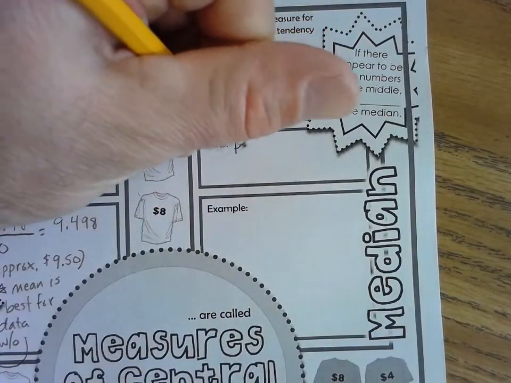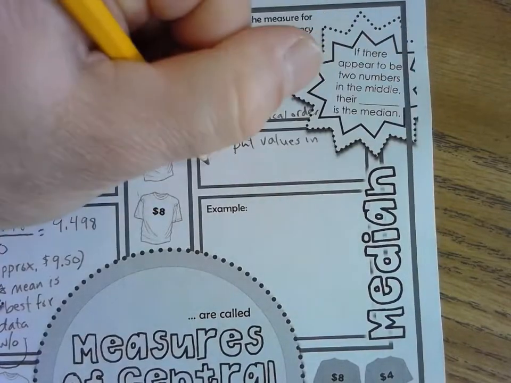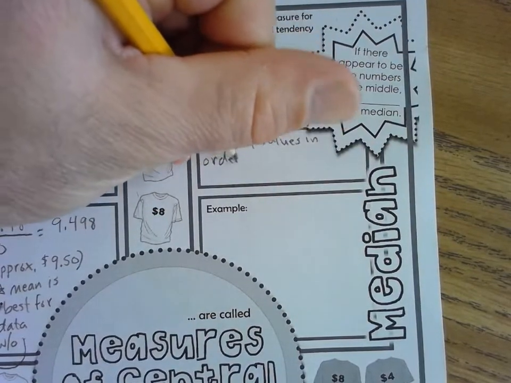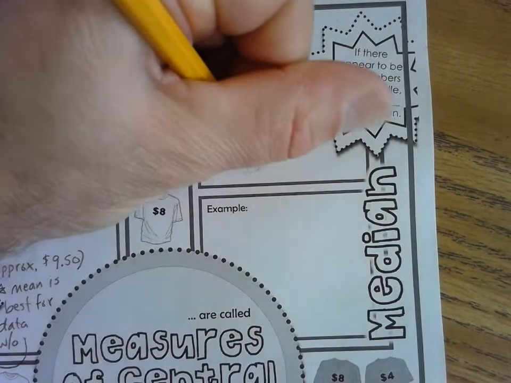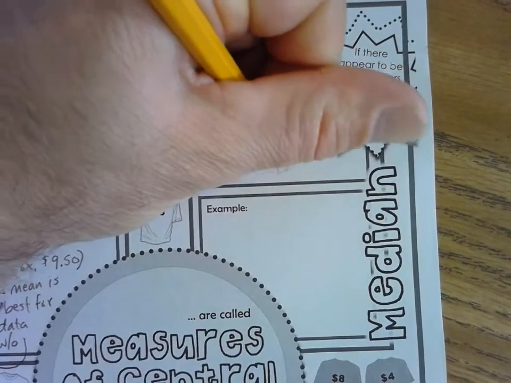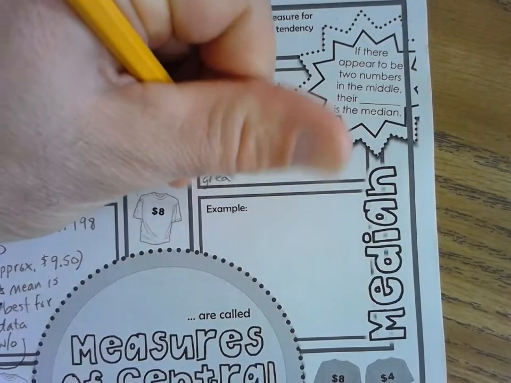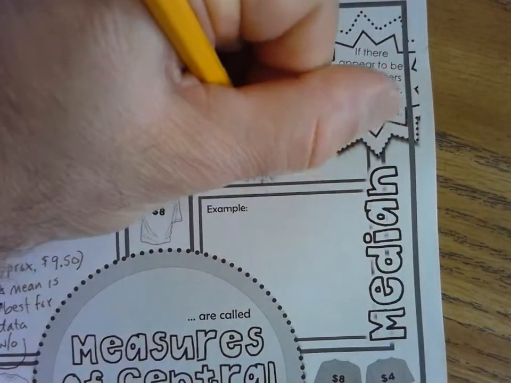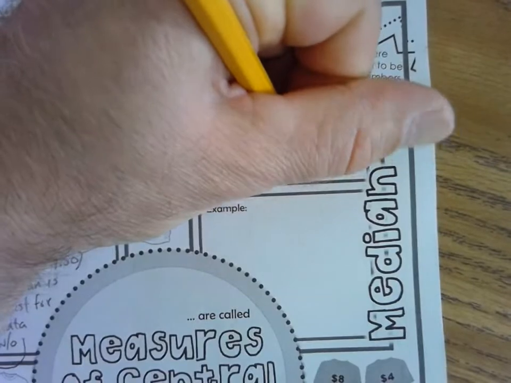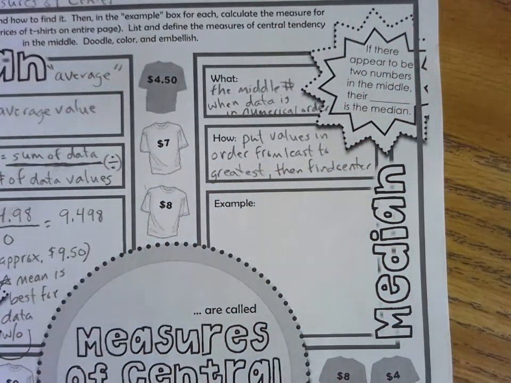We're going to say you put values in order from least to greatest. Then find the center. Okay?